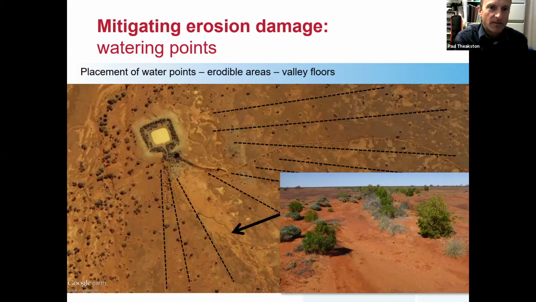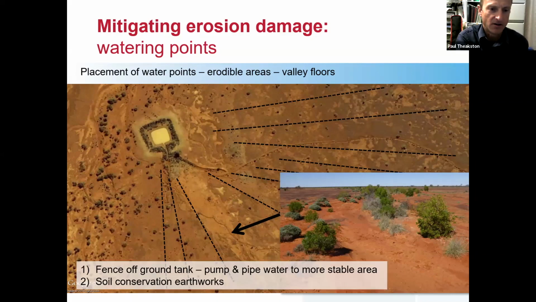The ground tanks have got to be in that part of the landscape because that's where you need to collect the water. So you can't necessarily move that ground tank, but you do have the option of fencing off that ground tank and piping the water to a more stable area. I mean, that is an option. You couldn't do it to every single ground tank, but some of the really sensitive ones where there's a lot of erosion or it's affecting really good country, you might think about doing something like that.